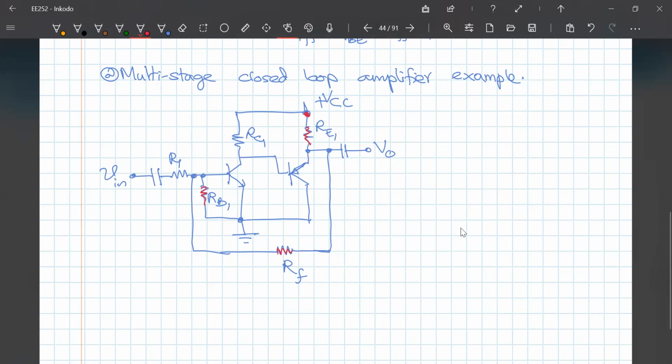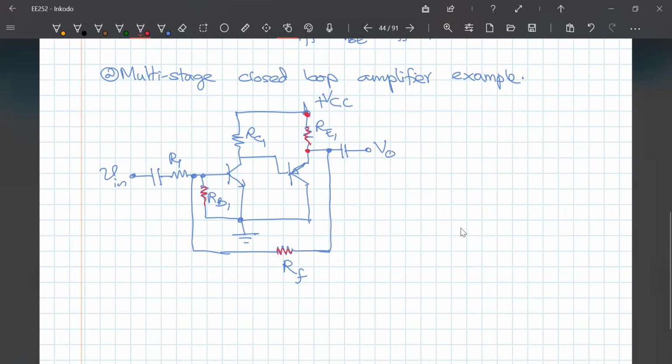In fact, the total current that flows through RE1 will not flow through RF, but there will be a certain DC voltage at the emitter of the second stage. That will be kind of like the VCC for the first stage to set up the biasing voltage.